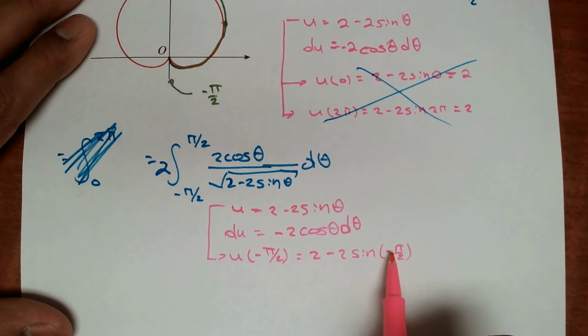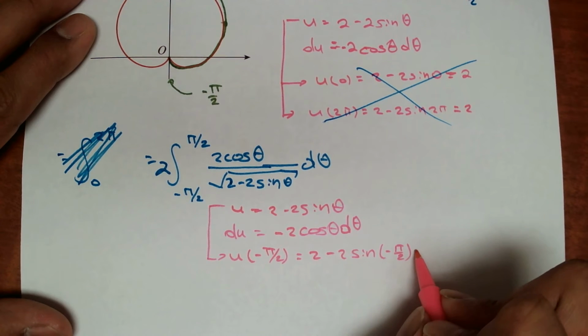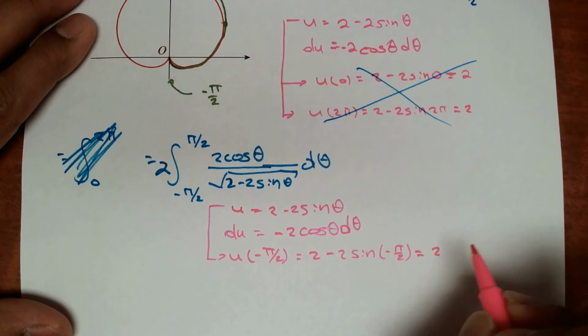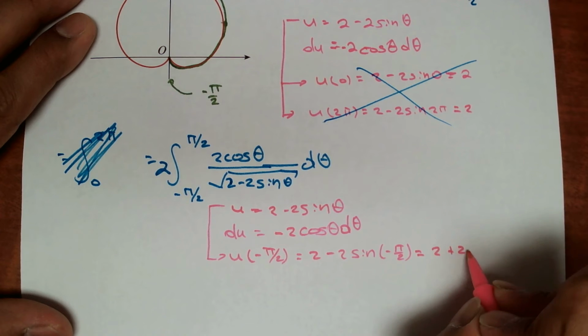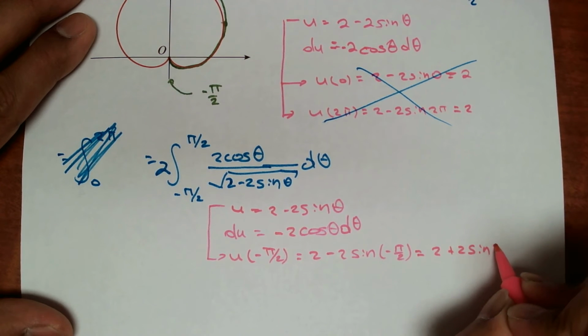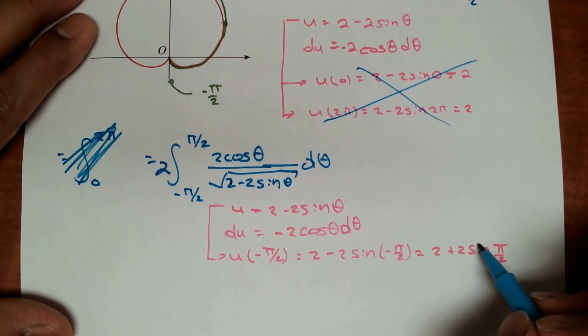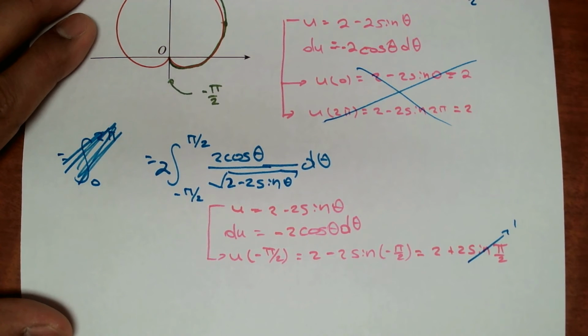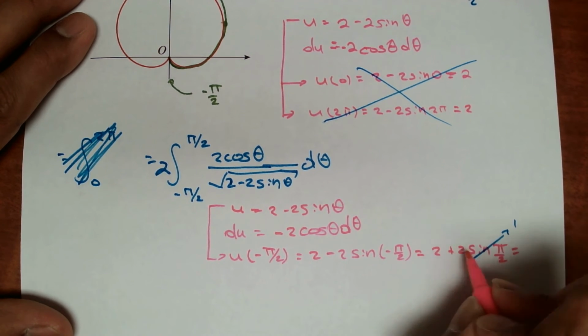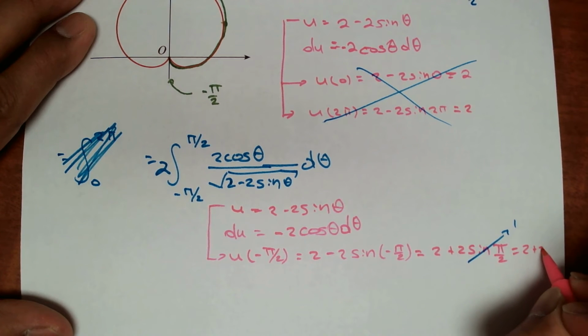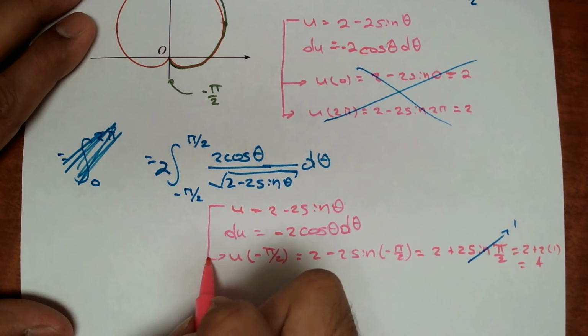For sine of a negative angle, the negative sign is taken outside, making this positive: 2 plus 2 sine pi over 2. And sine of pi over 2 is 1, leading us to 2 plus 2 times 1, which is 4. So that's the lower limit.